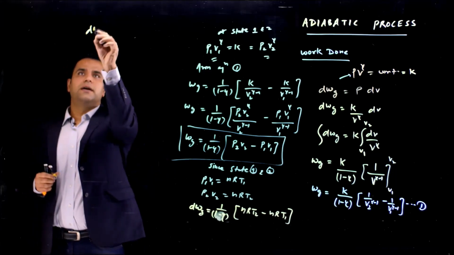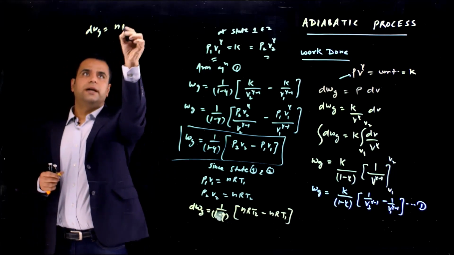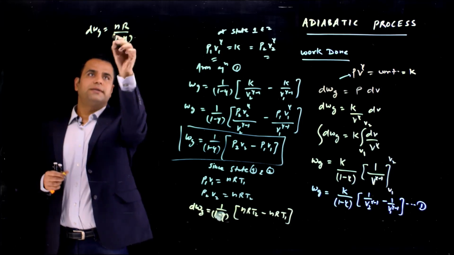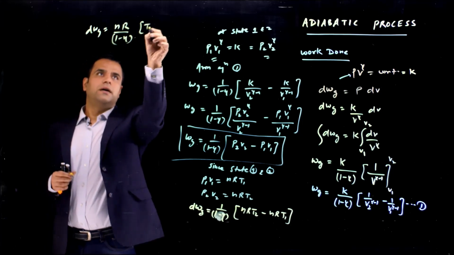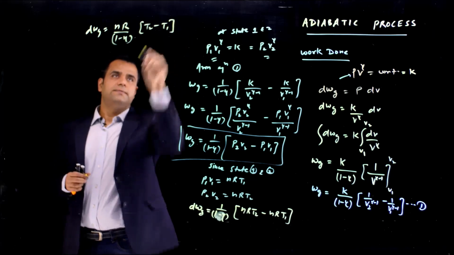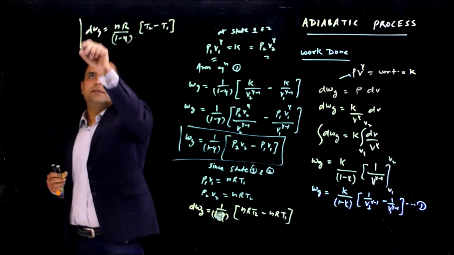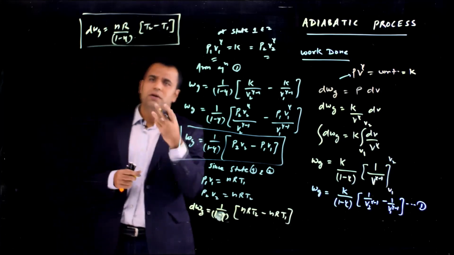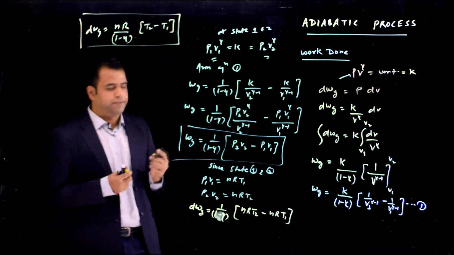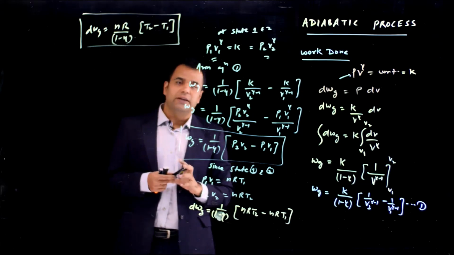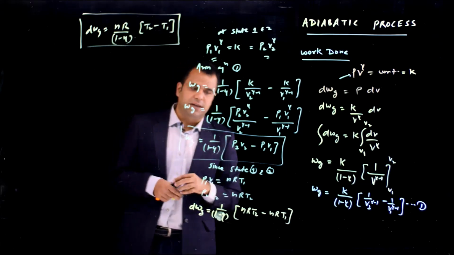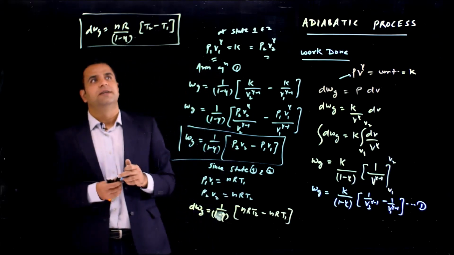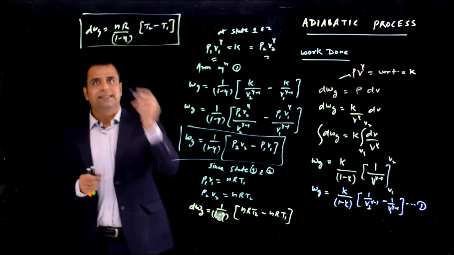So dW is equals to nR upon 1 minus gamma times T2 minus T1. This is for n number of moles. If the number of moles is 1 mole, we'll place the value of n as 1 there. So now you can see we have two formulas for work done, one in terms of pressure and volume and the other in terms of temperature. So this is the work done.